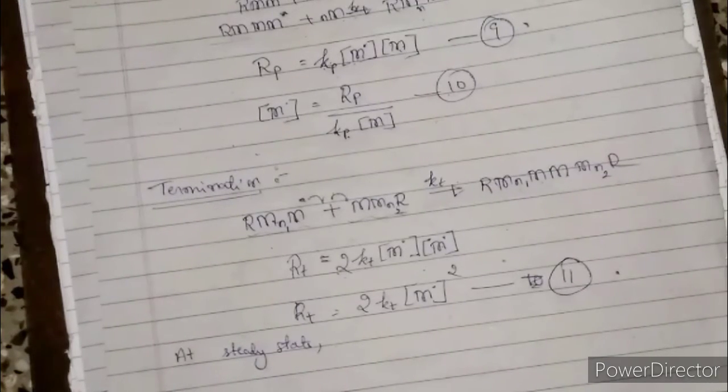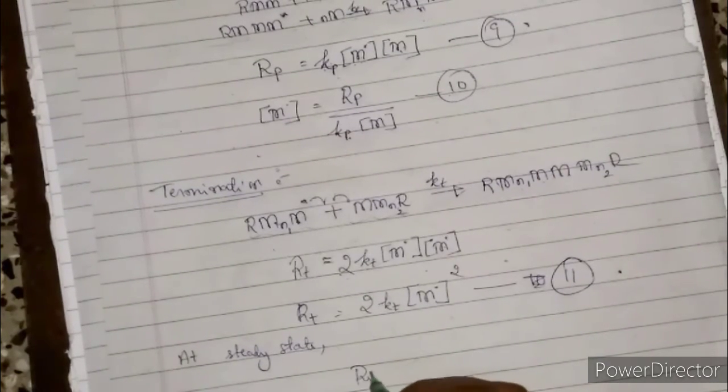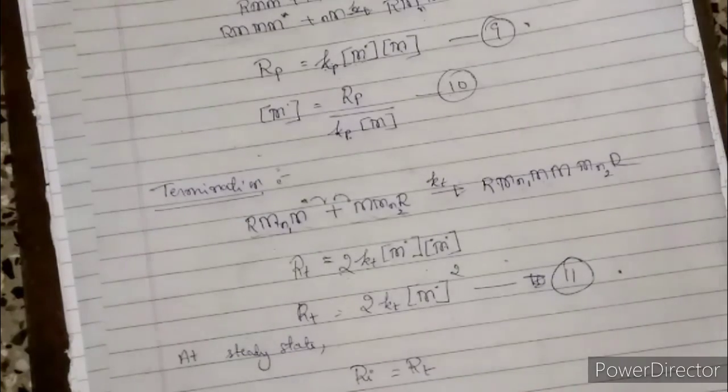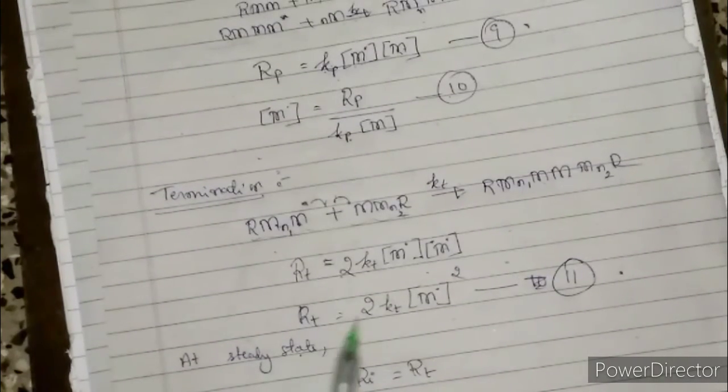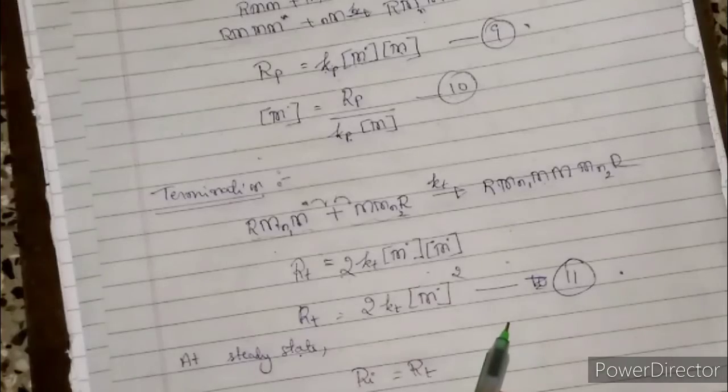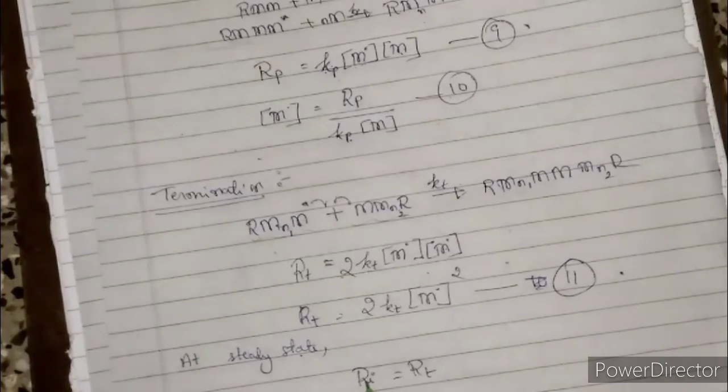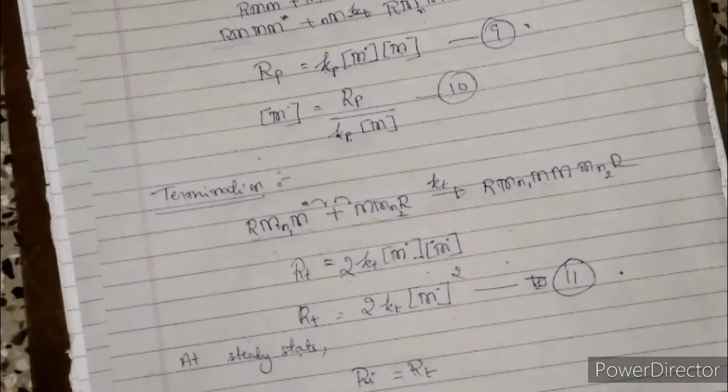It should stop growing. So Ri is equal to Rt. At steady state, the number of chain growths that are initiated must be equal to the number of chains that are arrested. So the rate of initiation must be equal to the rate of termination.